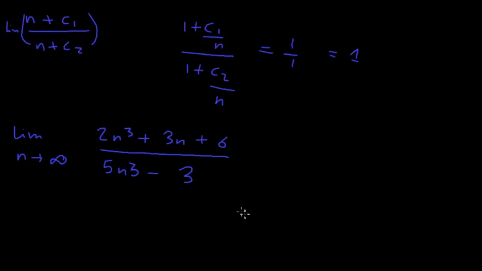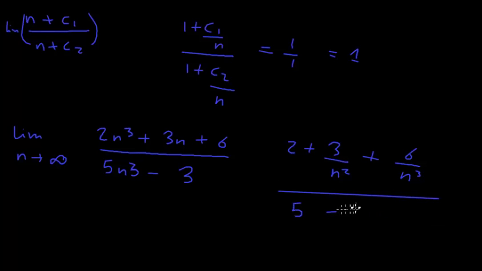In order to prove that, you need to divide top and bottom by n cubed. You would get 2 plus 3 over n squared plus 6 over n cubed, and in the bottom you would find 5 minus 3 over n cubed.